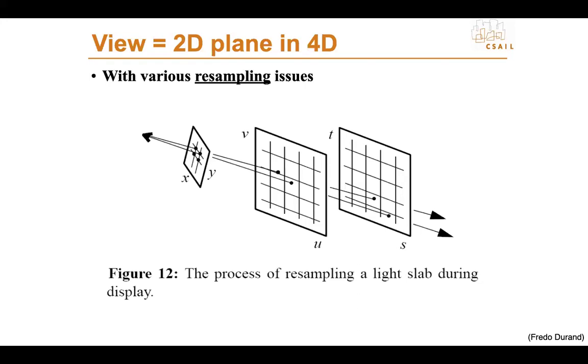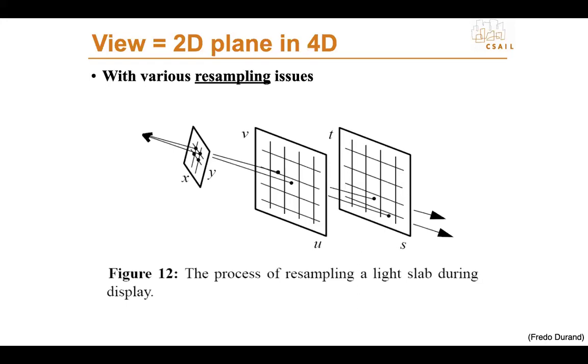Resampling is like interpolation of the information about these rays. And this has to be done in a very careful way. Let's say you want to get a ray that is between 2 pixels, right? I have to interpolate the information of the pixels around it to get that ray in a continuous manner, right? So basically it's reconstruction.